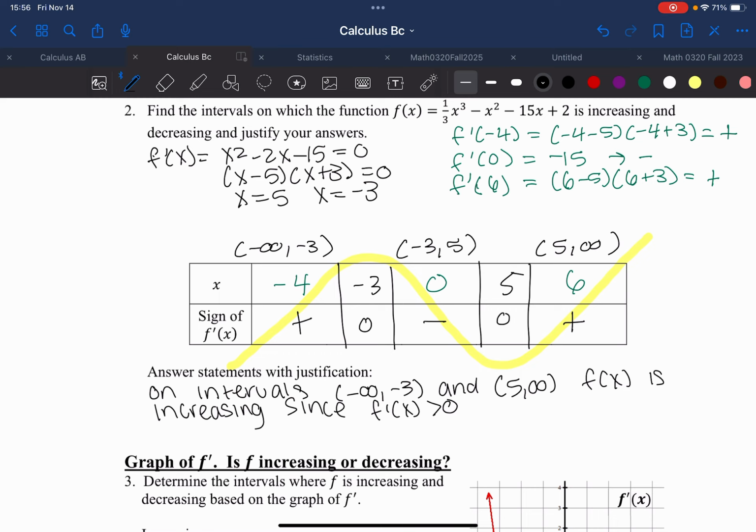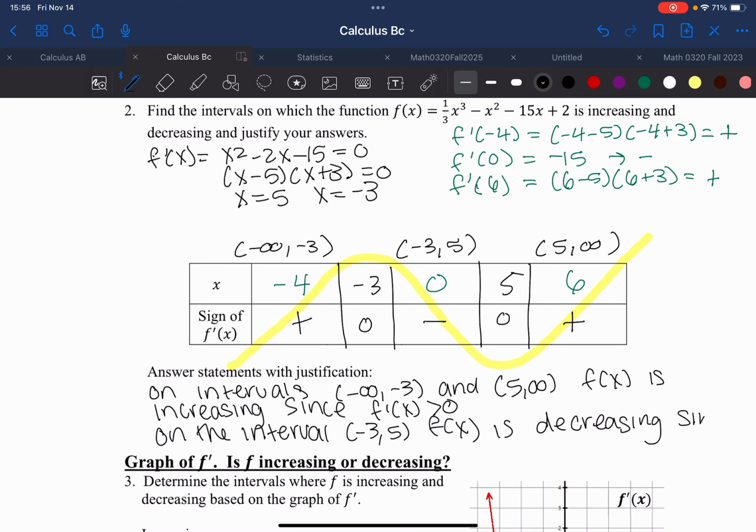Those were two intervals in which my sign of the derivative was positive. Then I would say on the interval -3 to 5, f of x is decreasing since f prime of x is less than 0.